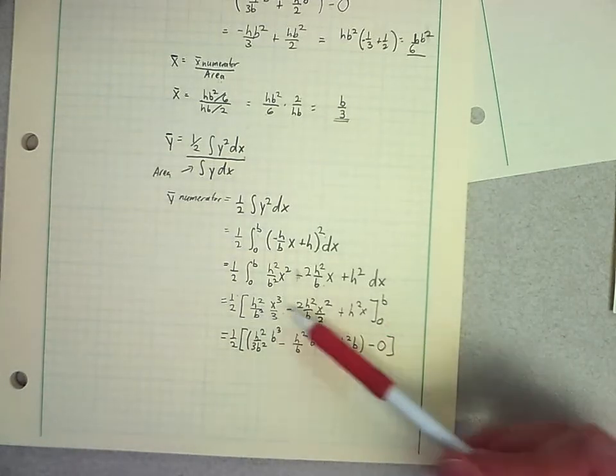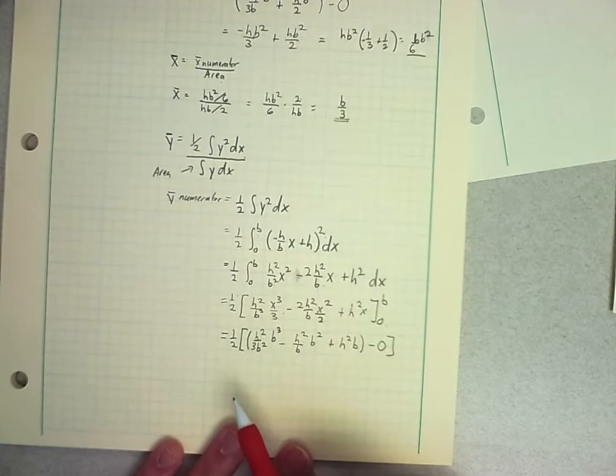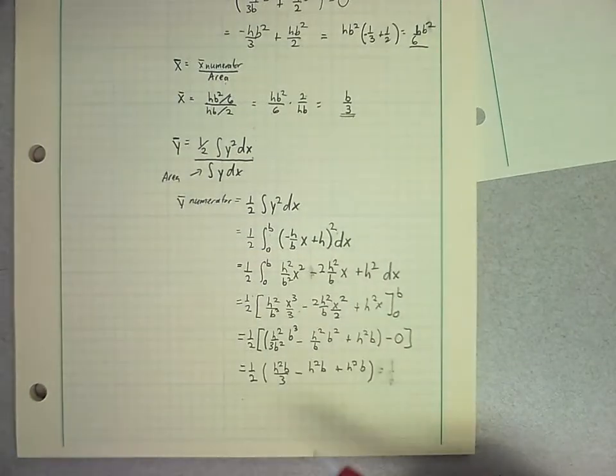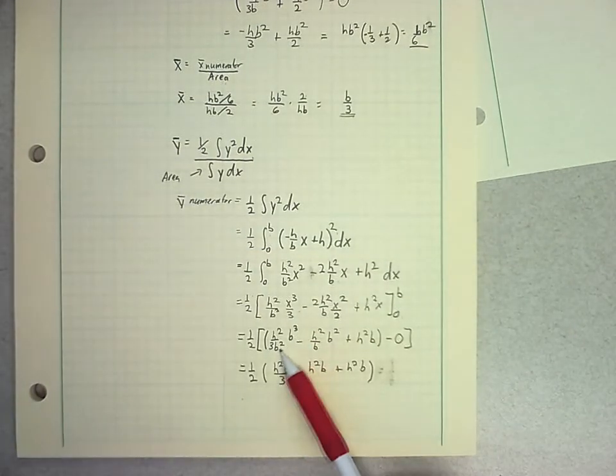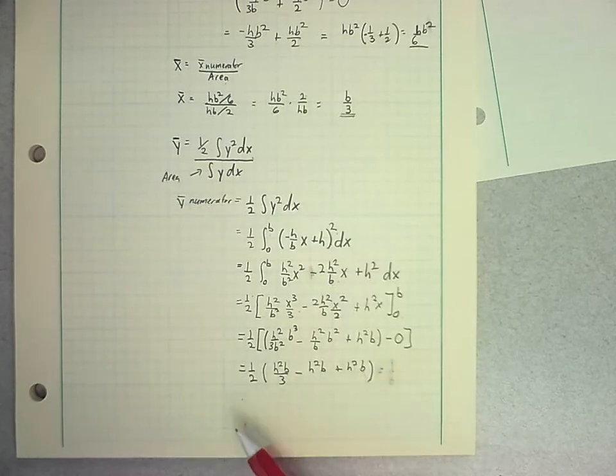Again, plugging in 0 gets me 0, which is really nice. So now we can simplify this side. B squared cancels out, we just get a b there, so h squared times b over 3. One of these cancels out, so we just get h squared times b.